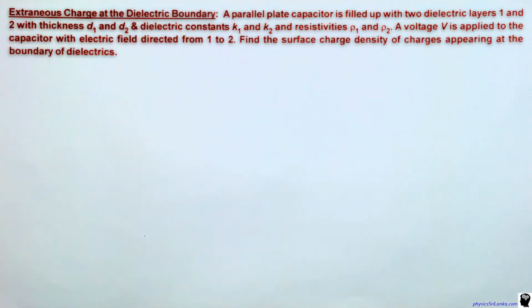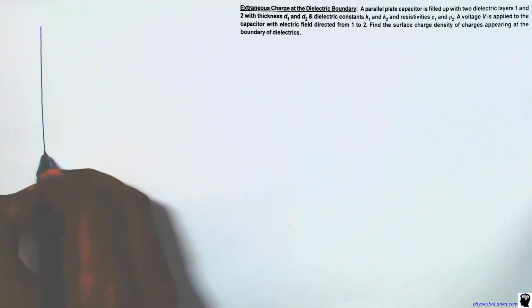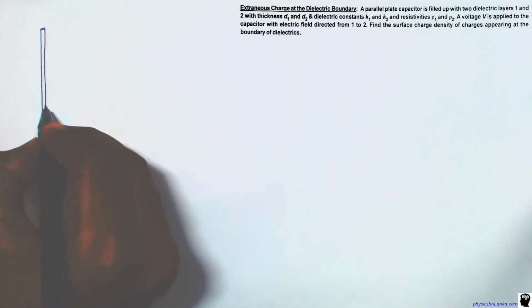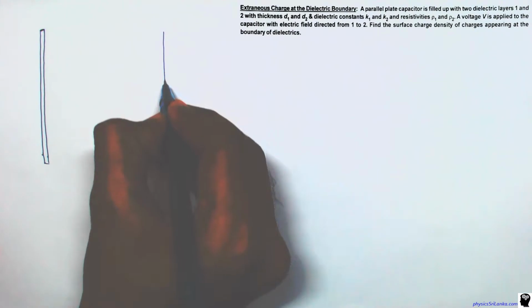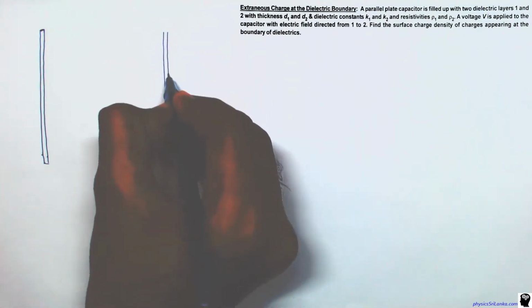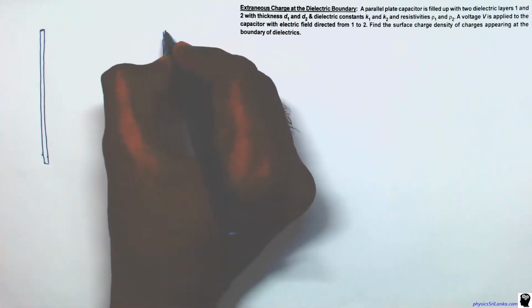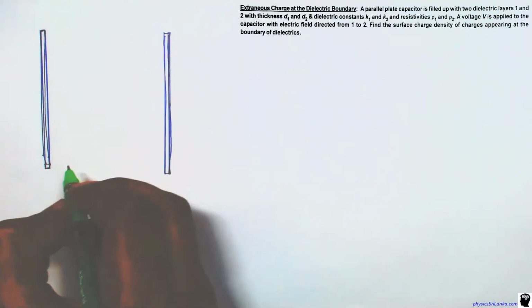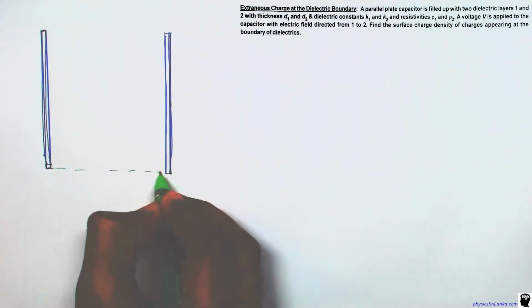Now in this situation, if we draw the capacitor for clarity, here this is the capacitor, and there are two dielectrics filled in it.